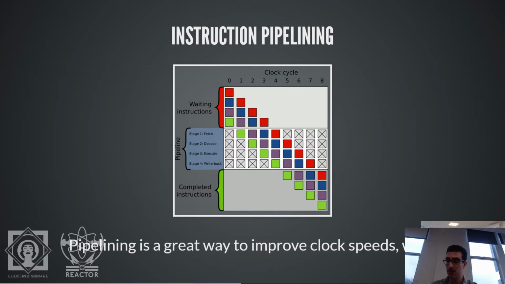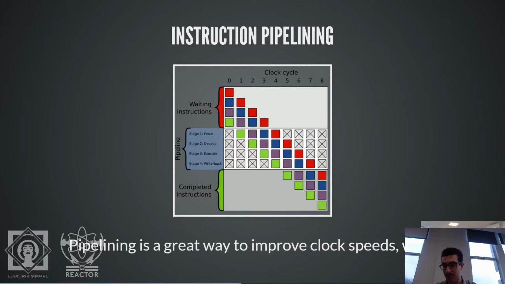So now we've got more transistors to play with. We can make the overall system more complicated, but this overall complexity is used to make each clock cycle simpler. So instead of an instruction being a single clock cycle, we break an instruction into multiple steps.